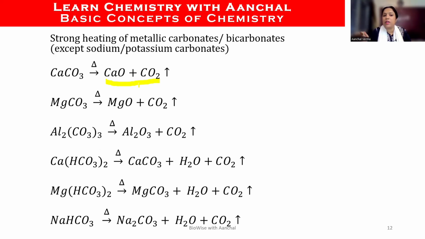So calcium carbonate gives calcium oxide and carbon dioxide, magnesium carbonate gives magnesium oxide and carbon dioxide, aluminum carbonate gives aluminum oxide and carbon dioxide, calcium bicarbonate gives calcium carbonate, water and carbon dioxide. Similarly, magnesium bicarbonate gives carbonate, water and carbon dioxide, and sodium bicarbonate gives sodium carbonate, water and carbon dioxide.